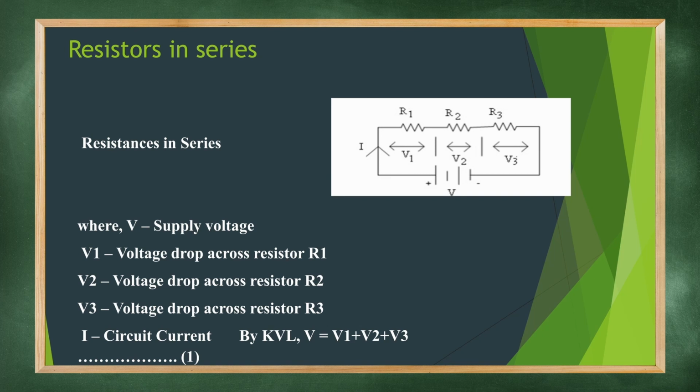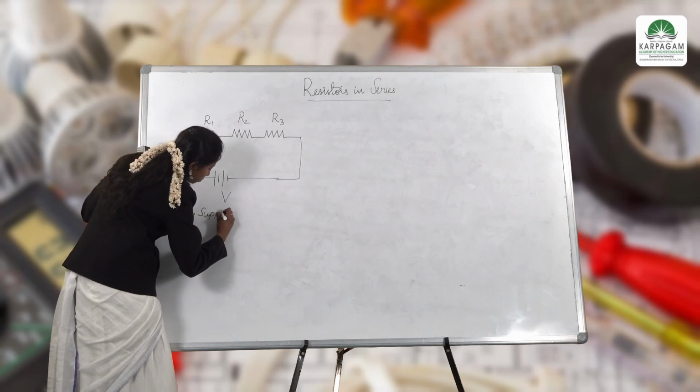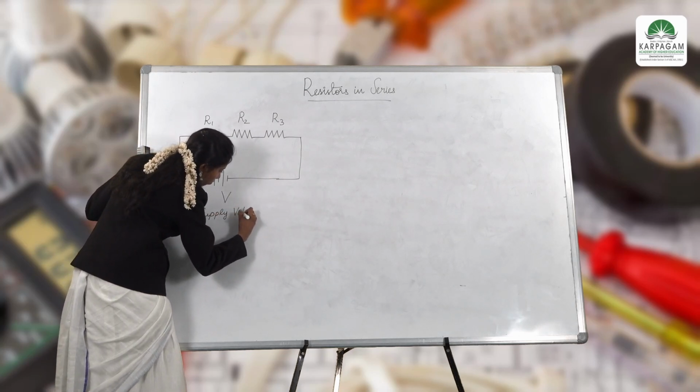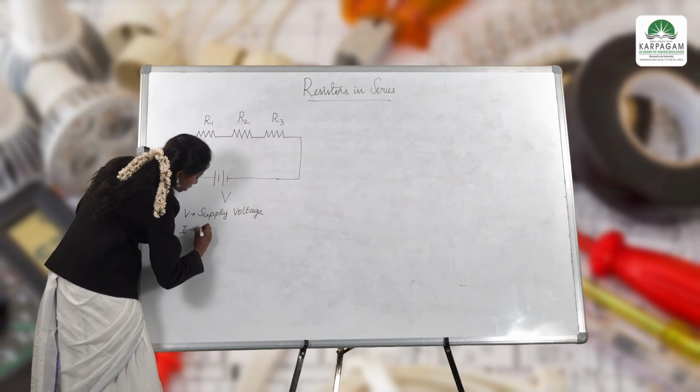A resistor is an element that opposes or restricts the flow of electric current, and resistance is provided by this resistor. These resistors are specially designed for producing resistance. And here V is your supply voltage, and I is nothing but the circuit current.